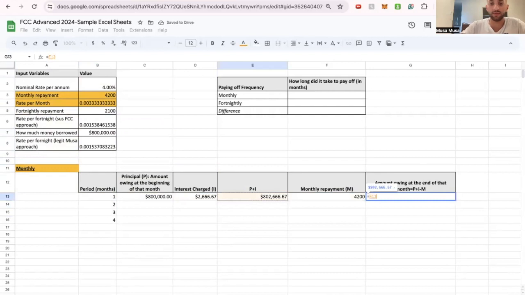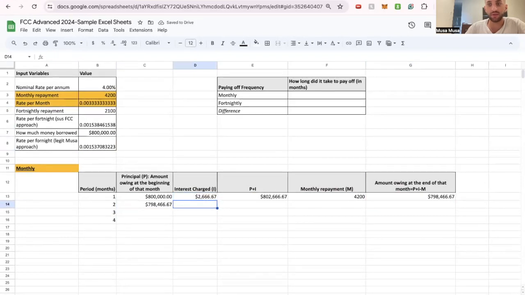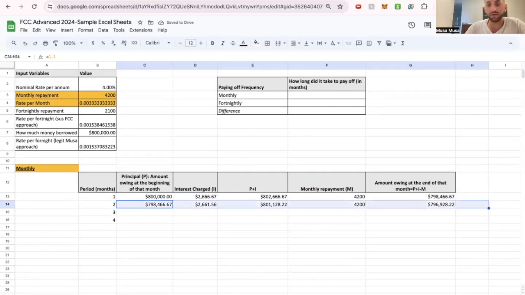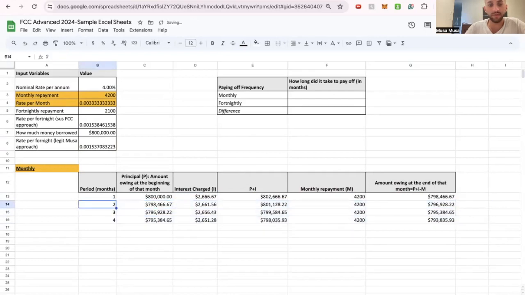And then this is just going to be principal plus interest minus the monthly repayment. That number there is going to equal that number there. By the way, if you want to apply a formula down, just press Command D. Command D, Command D. Now let's drag it down a couple more.